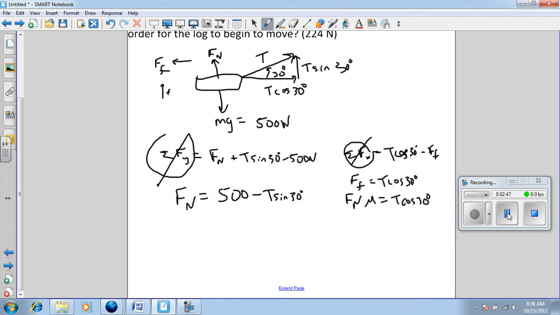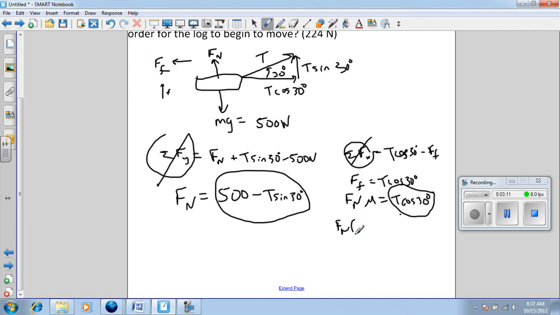So we can take this and substitute it into our other equation, or vice versa. Let's take one more step, actually. Let's put in mu. What was it, 0.5? Yes.